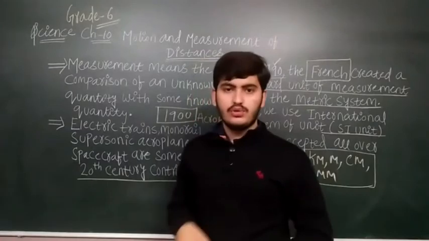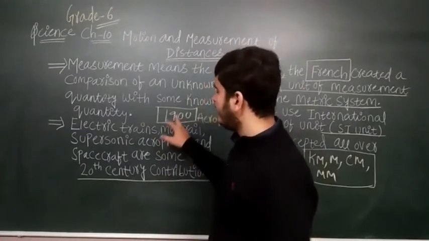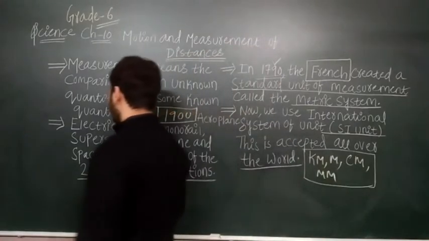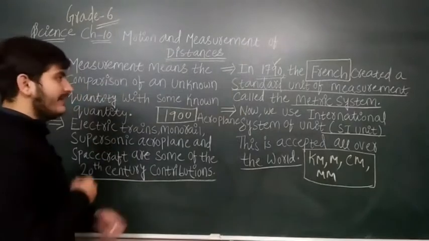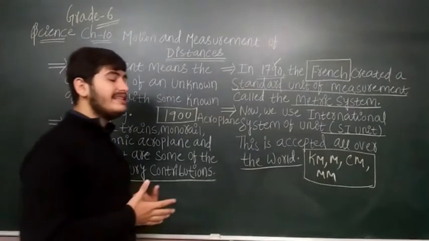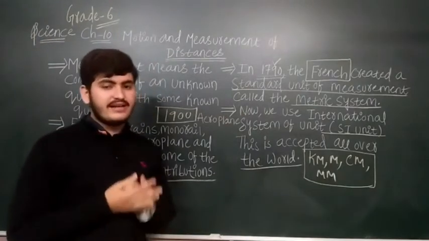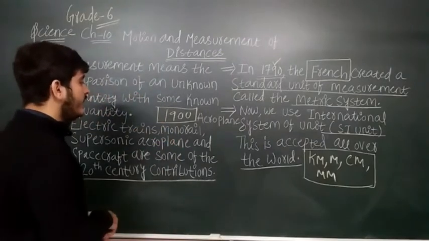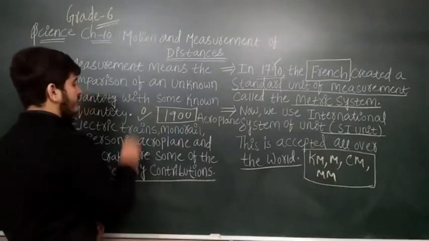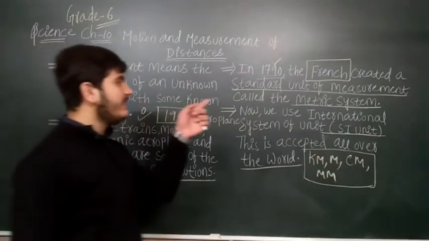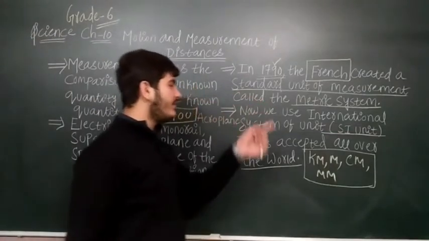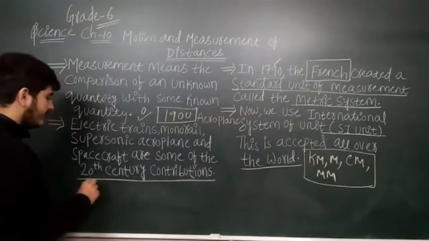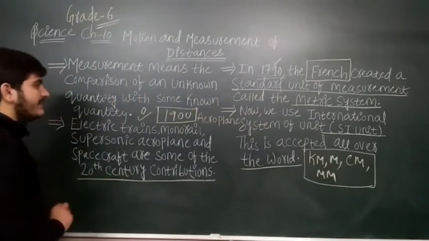Later on they started to carry goods and people also. So remember this year, 1900, we saw the development of the aeroplane, and in 1790 the French created the metric system.